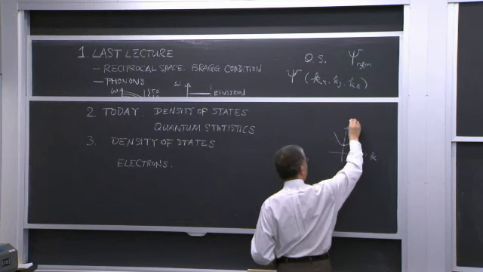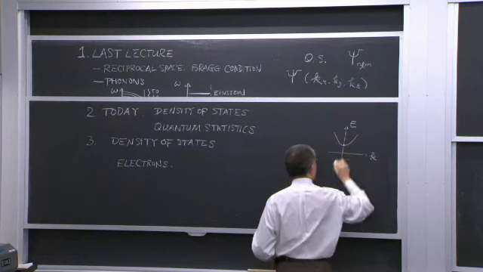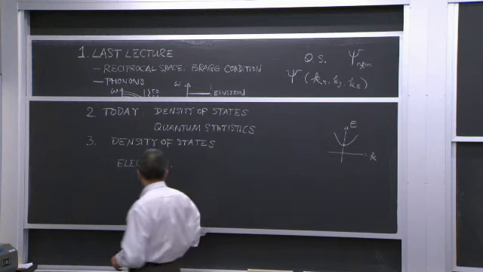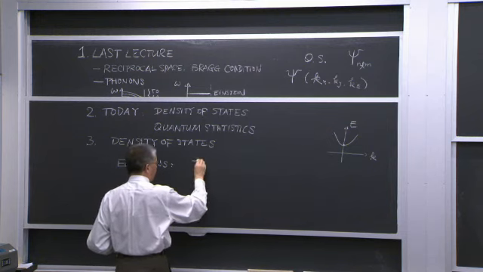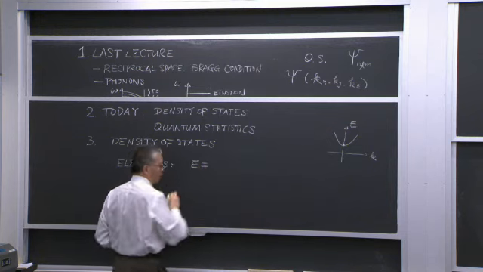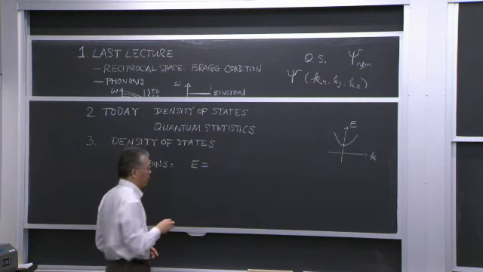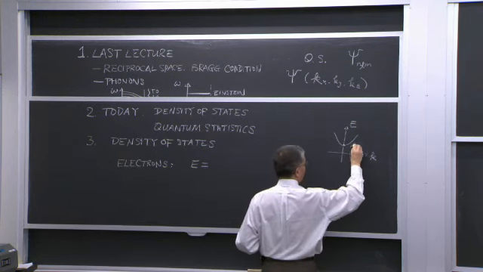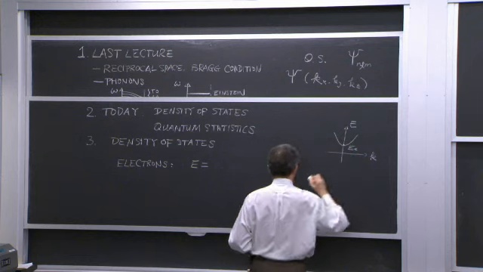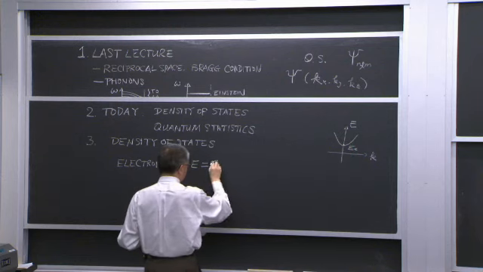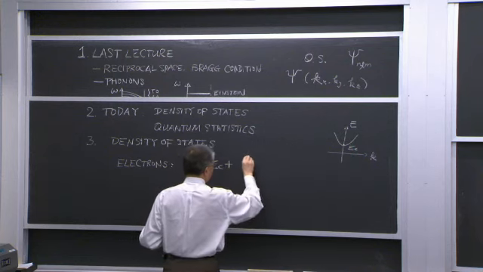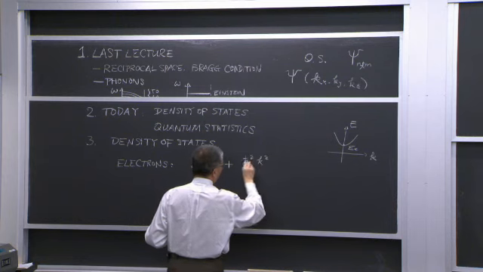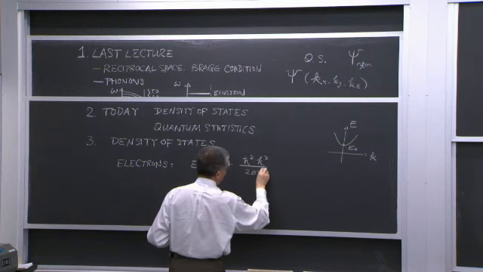So if I say this is the energy and I expand this at the minimum, then the energy wave vector relation, and here is my Ec, the bottom here, is Ec plus h bar squared k squared divided by 2 m star, right?